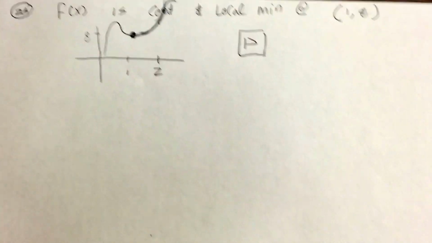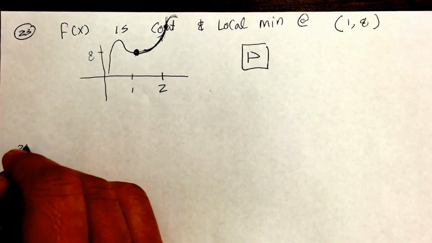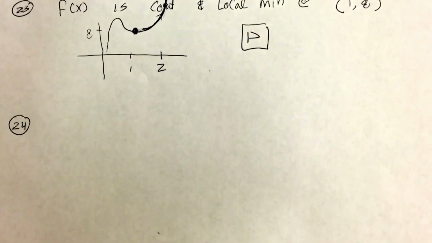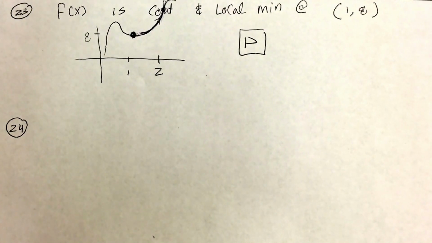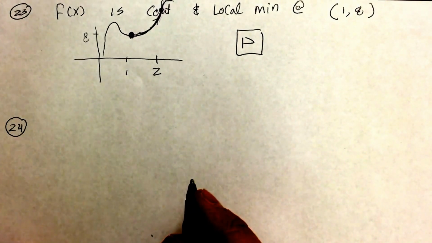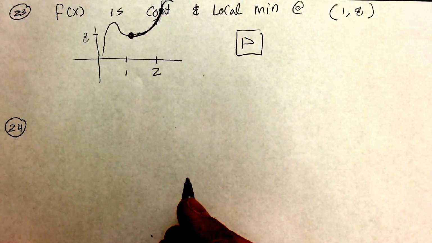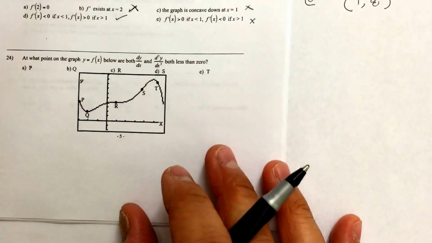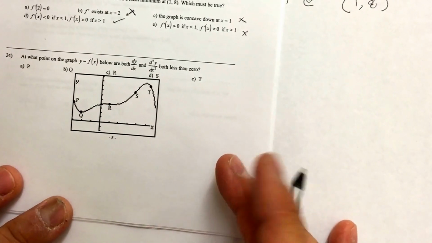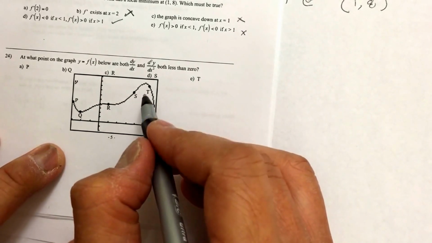Number 24. At what point on the graph below are both the derivative and the second derivative less than 0? So this is the graph of the function.